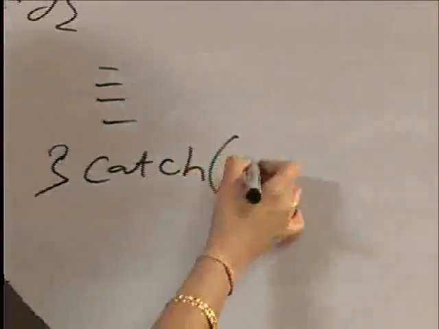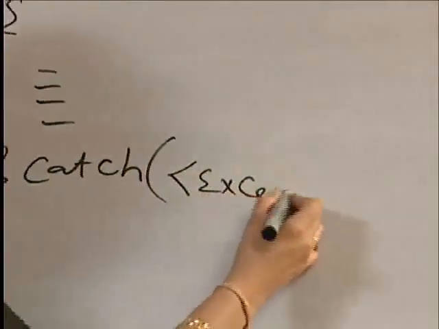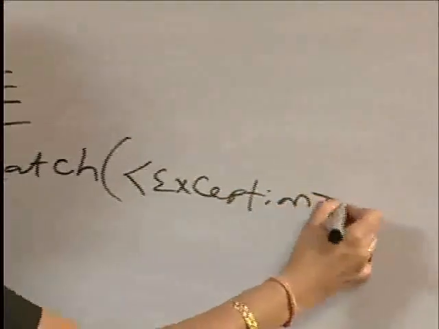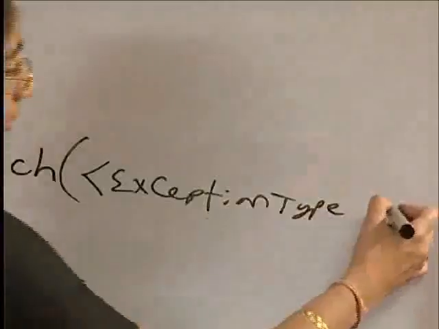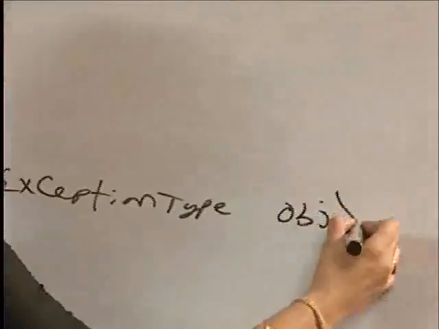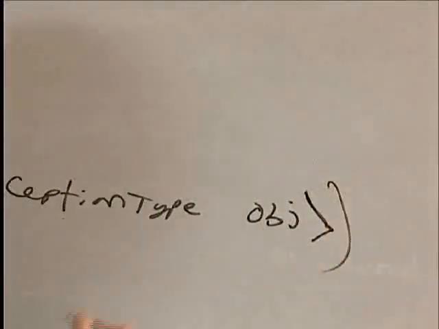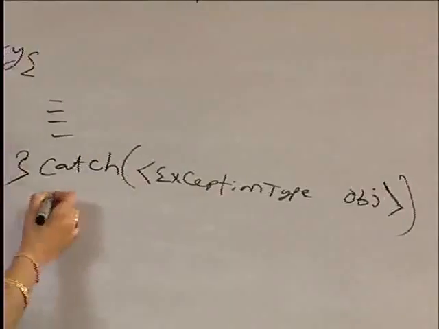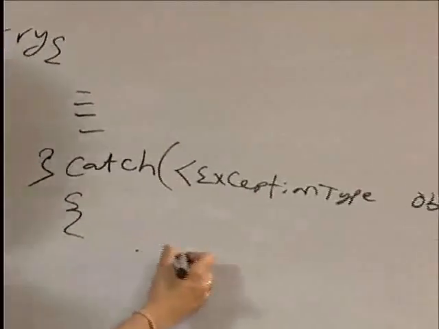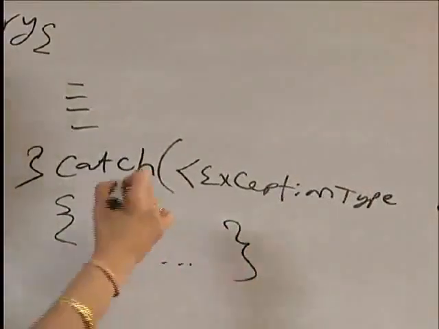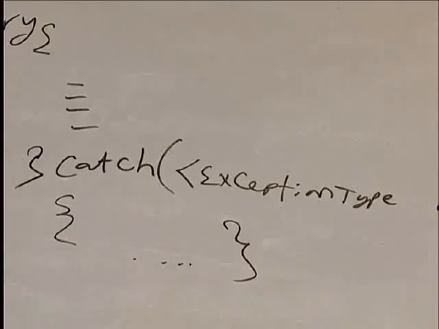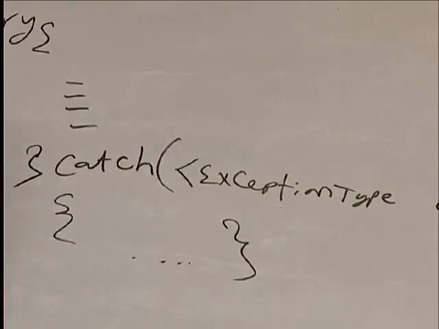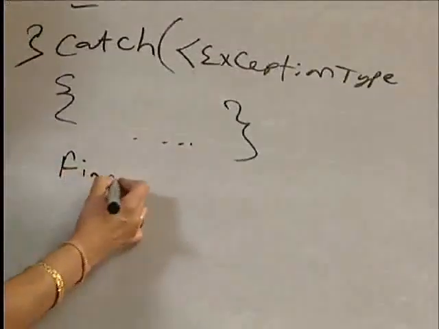In the catch block, you specify the exception type that you want to handle or that might be raised. You capture the exception object that might have been raised and specify the instructions to be executed when an exception has occurred. And optionally, you have a finally block.